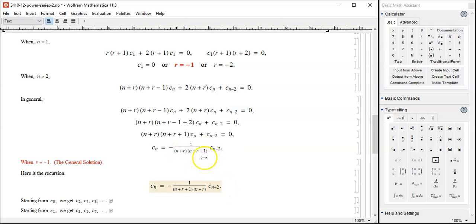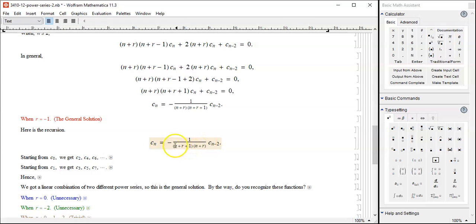Plug in r equals negative 1. We get, well, let's see, negative 1 plus 1, so that's 0. So we have just n plus r. No, actually, excuse me, I just copied it. Just change the order.